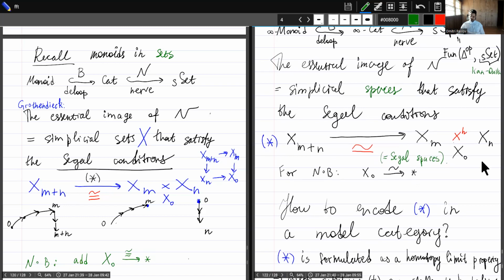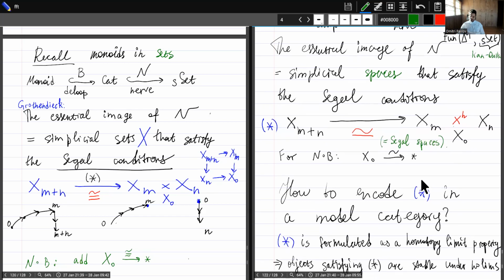An observation to make here is that this condition is basically formulated as a property involving homotopy limits. Right? You are simply saying that a certain commutative square is a homotopy Cartesian square. It's a homotopy limit square. And of course, this property would immediately imply that objects satisfying it are closed, or stable, under homotopy limits.